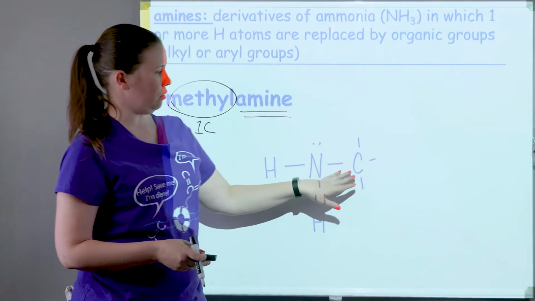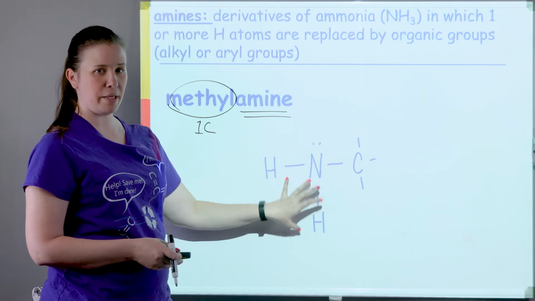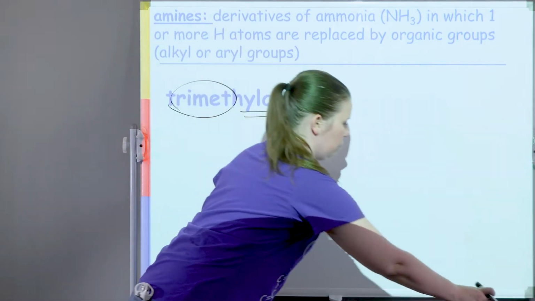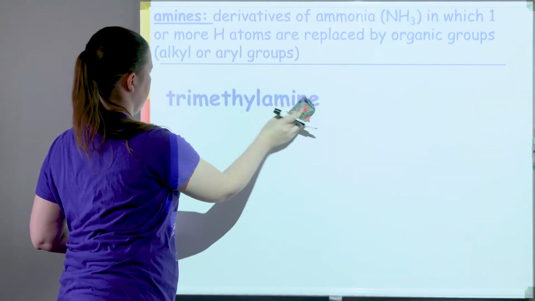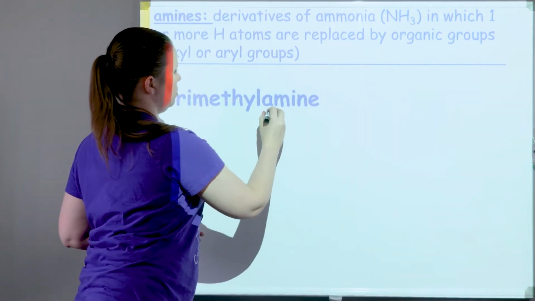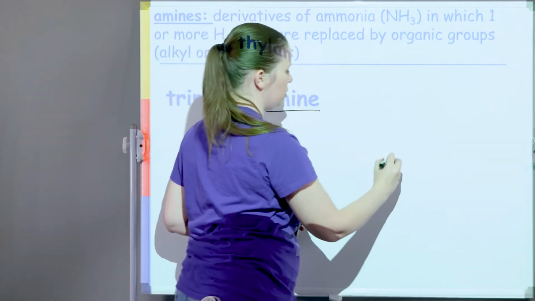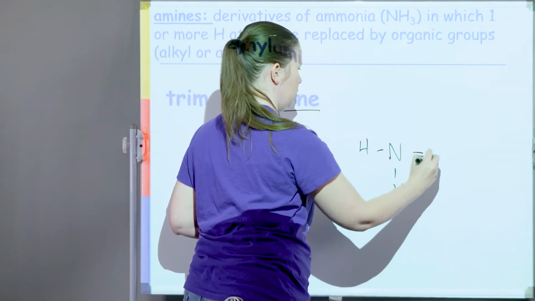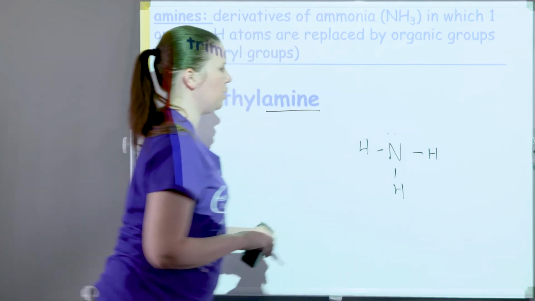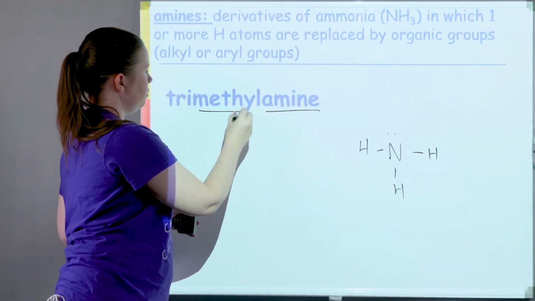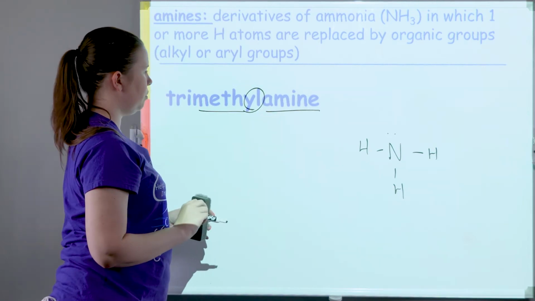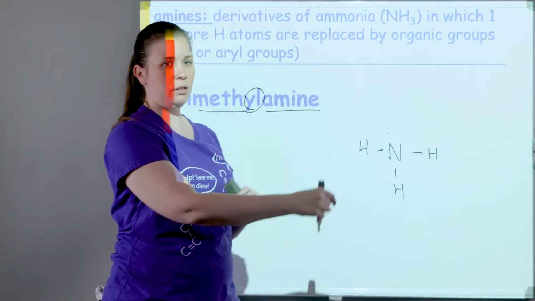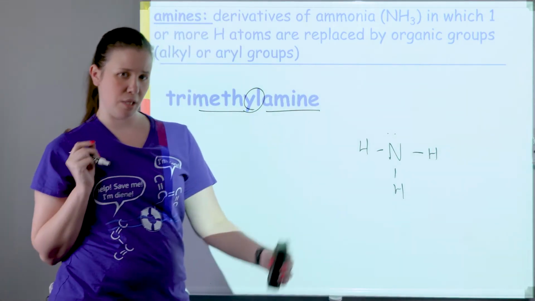So we've got our methyl group attached to the base ammonia molecule. What if I wanted 3 methyl groups? So let's start with the amine, which was the nitrogen attached to 3 hydrogens. And then we have our off-limits lone pair. Methyl branches, those 1 carbon branches, need to be placed on this molecule. And each time I put 1 methyl group in, I have to take away 1 hydrogen.